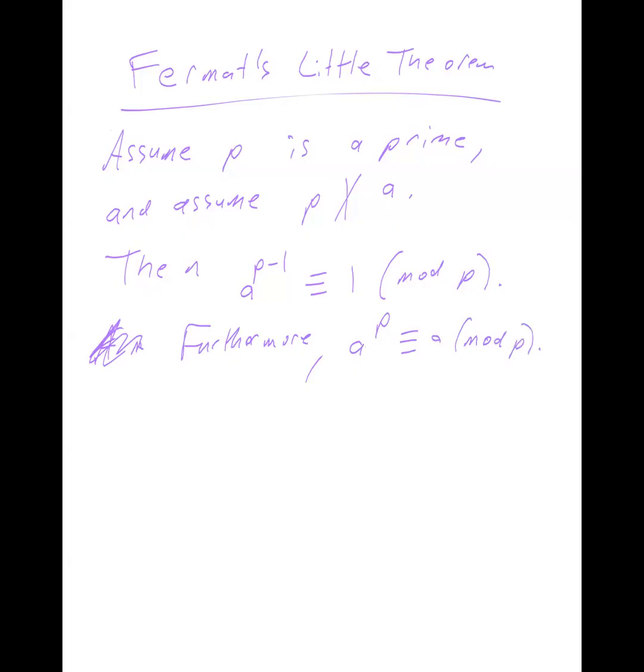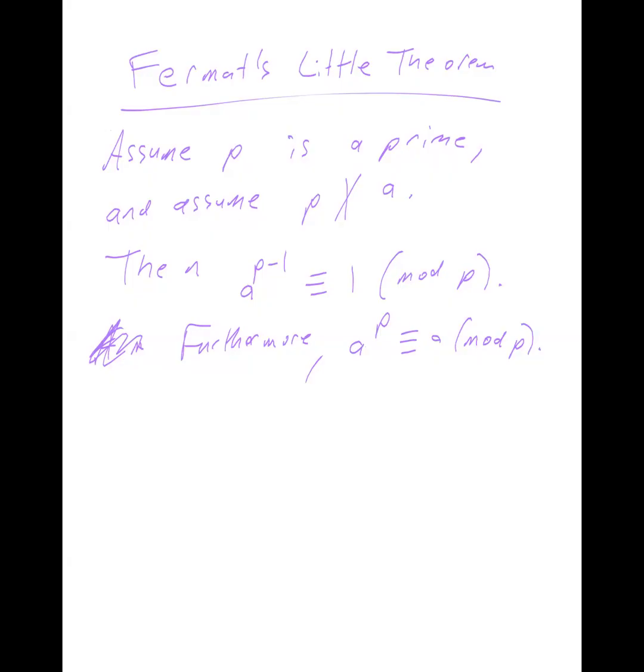And when I had number theory in college, I'm pretty sure that the second statement actually didn't require the second condition. So I think actually the theorem should start like this, and it should say, assume P is a prime, then you know that A to the P is congruent to A mod P, period.